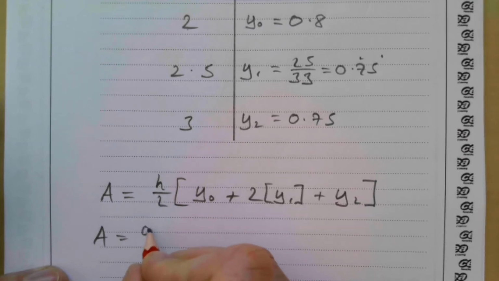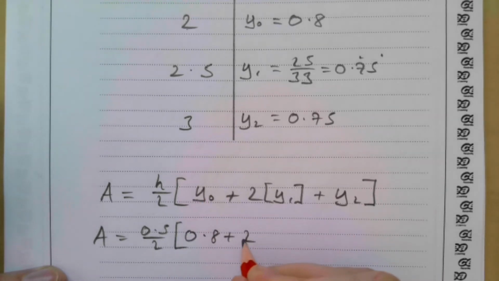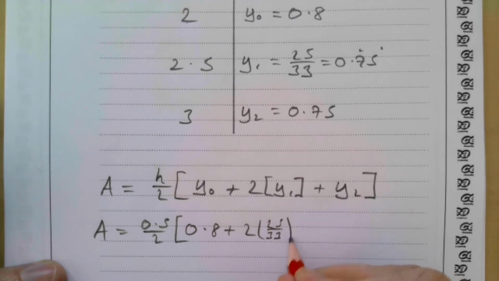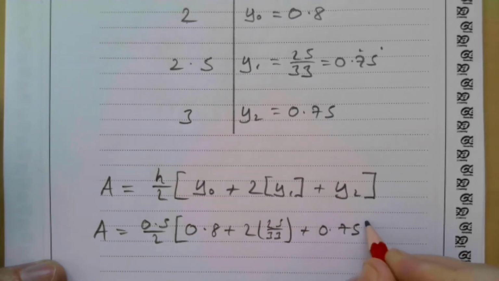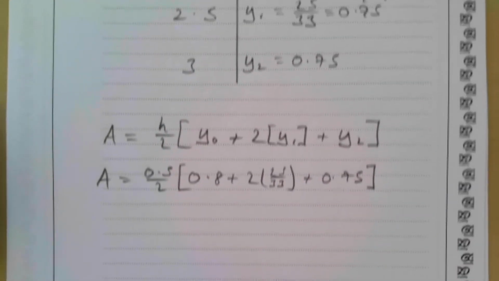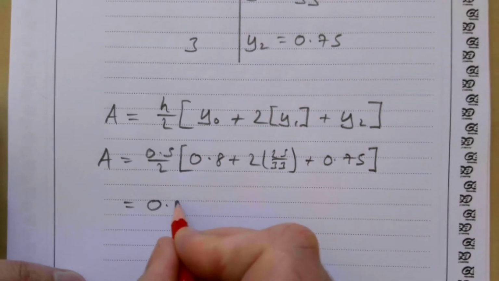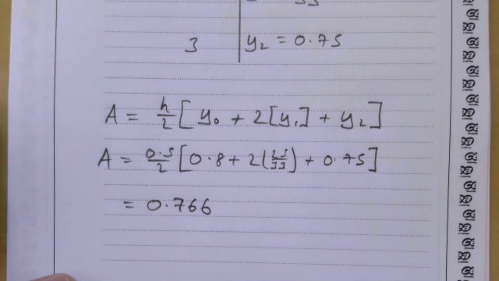So this is 0.5 over 2, y0 0.8 plus 2 times 25 over 33, our more accurate option for it, plus 0.75. And again, take a wee bit of time, put that into your calculator, and we get 0.766.